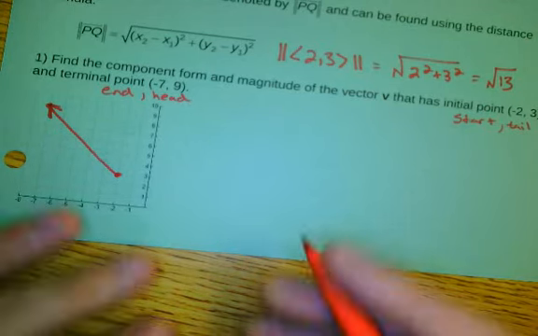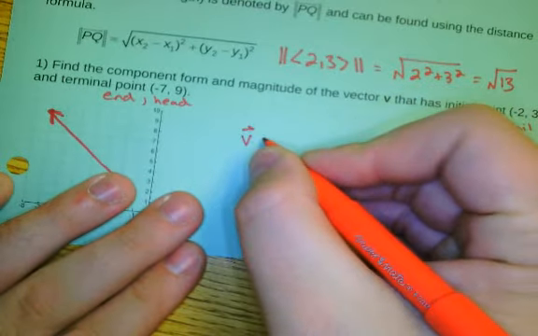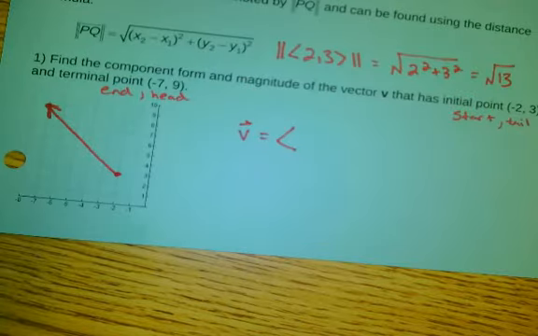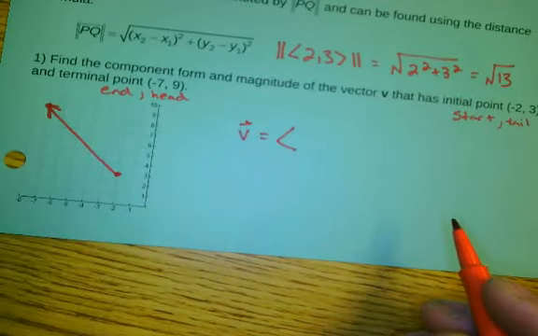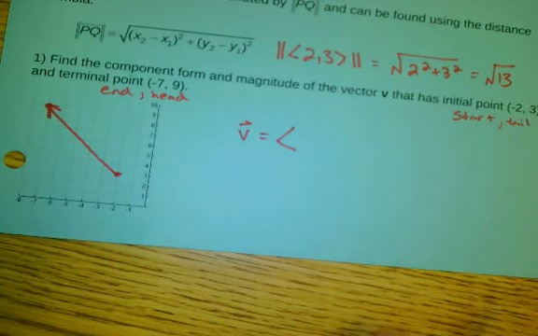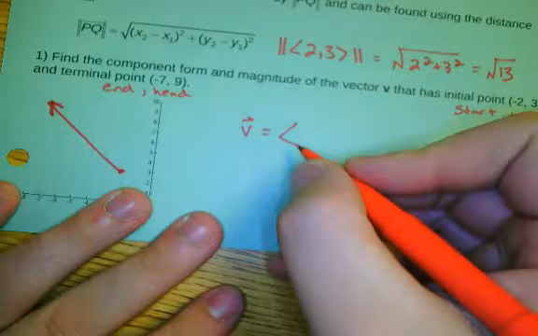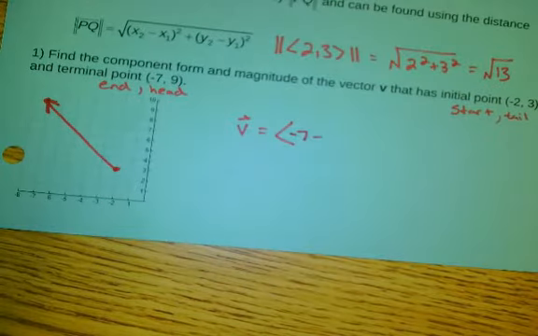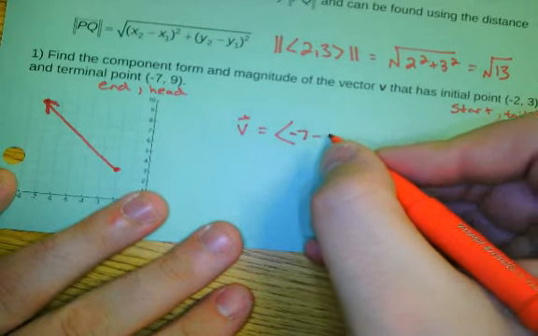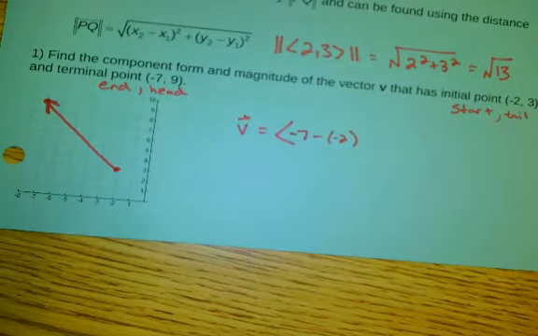So whenever we want to find the actual vector itself, vector v is going to be equal to the head minus the tail, or the end minus the start, or the terminal minus the initial. So it's the head, minus -2.